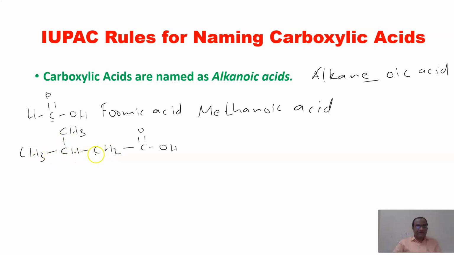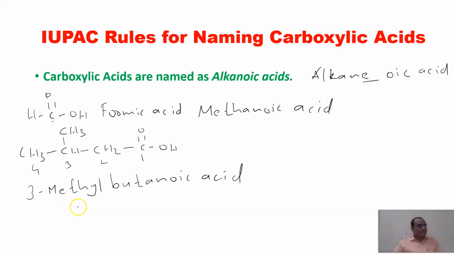Both methyls come at the same number. So I will select the longest chain and number it, because the carboxylic acid group is the first priority group. So I will start numbering from there: 1, 2, 3, 4, and here it has a methyl at the third position. So the name of the compound will be 3-methyl, and as there are 4 carbons, it will be butanoic acid. 3-methyl butanoic acid. So this is the name of the compound.